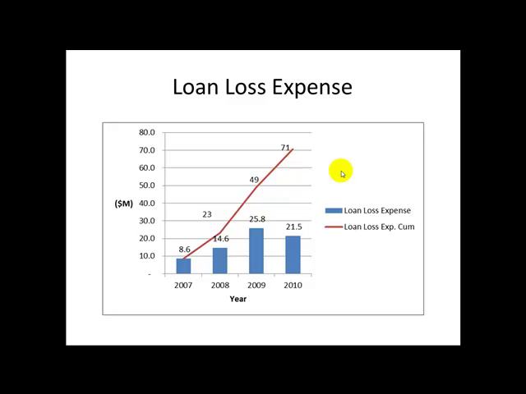Over those years, they've written off in loans around $50 million, and there's still about $20 million on the balance sheet, just laying there ready to be written off as soon as the timing's right. So $71 million in loan loss expense, $50 million written off, $20 million on the books ready to be written off.